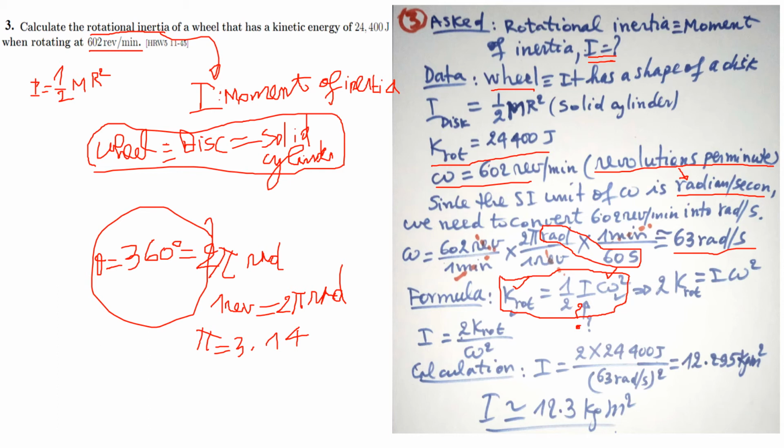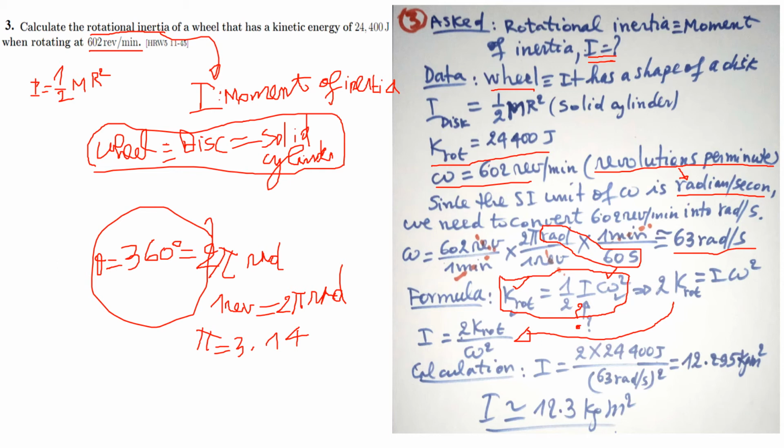Then we will see that the moment of inertia becomes 2 times kinetic energy of rotation divided by the square of angular velocity. We may do the numerical calculations. 2 times 24,400 joules divided by 63 radian per second, then this is squared, which gives 12.3 kilogram meter per second.